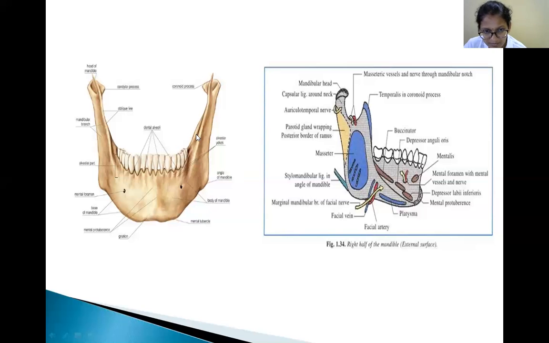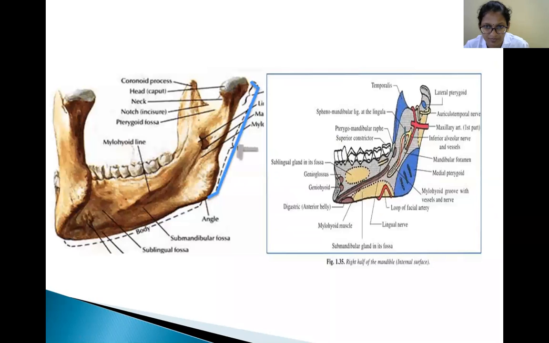The incisive vessels reach up to the incisive fossa, and here they supply the gums of the incisor teeth.